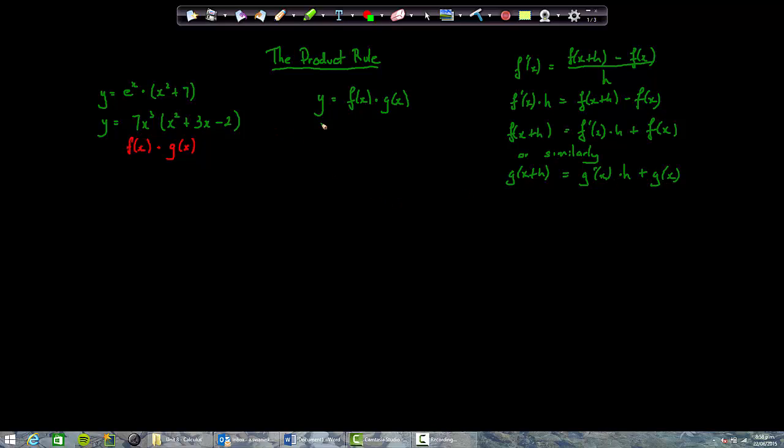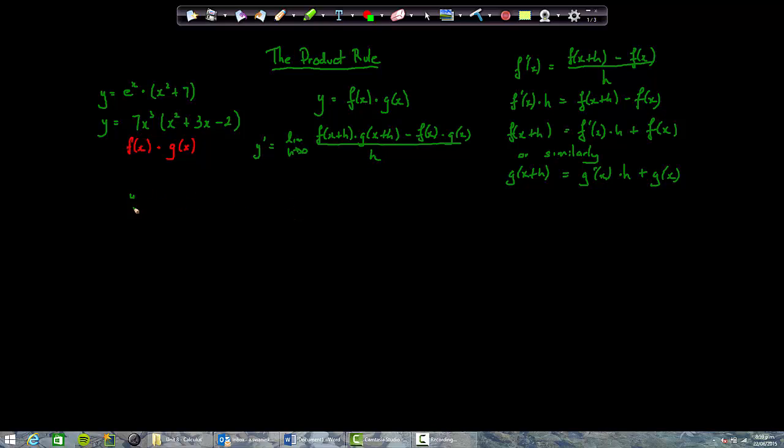So why is that applicable? Well, what we're interested in is the derivative, and going back to first principles, taking this limit as h tends to 0 of this function, we'd replace x with x plus h throughout, take away the original function, and we're all over h.